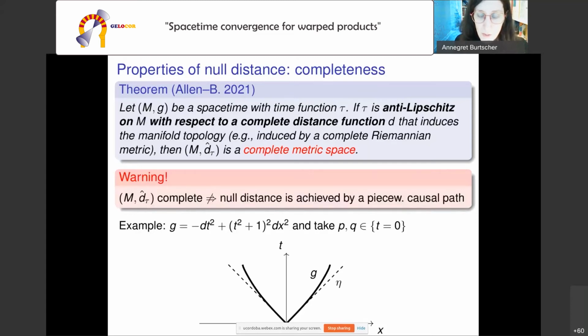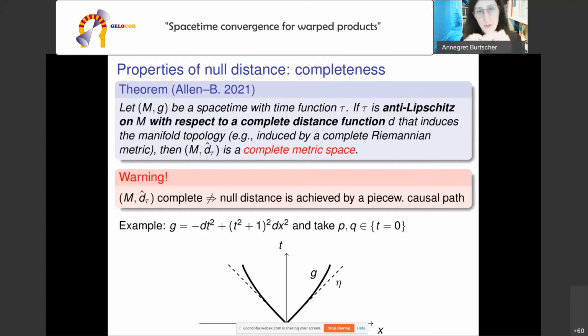But you still have to be very careful about what completeness means. So for instance, just because the space is complete, it does not even mean that the distance between two points is achieved. And there's a very simple example, actually also a warp product, where the light cone of this metric somehow approaches the light cone of Minkowski space at t equals 0.